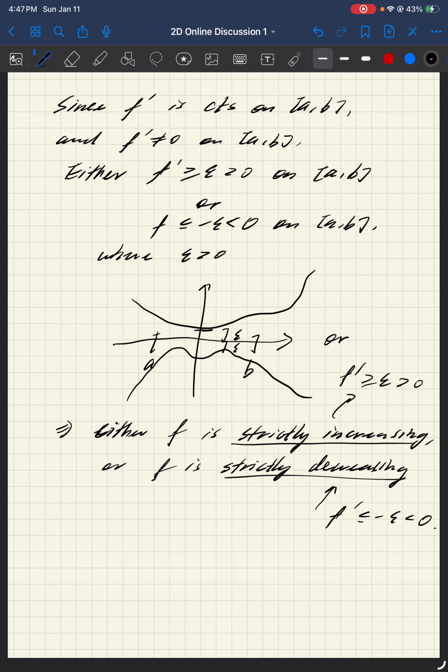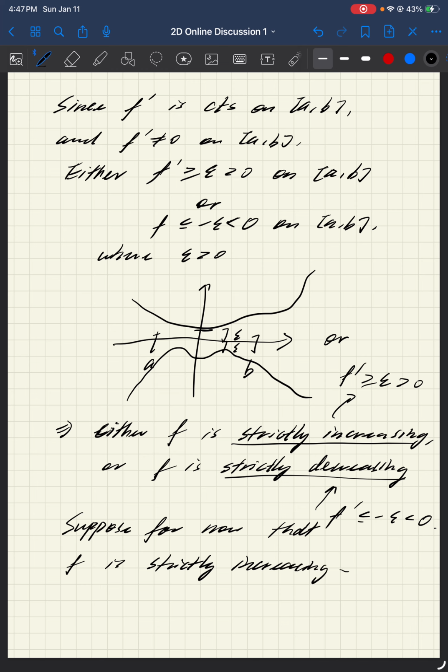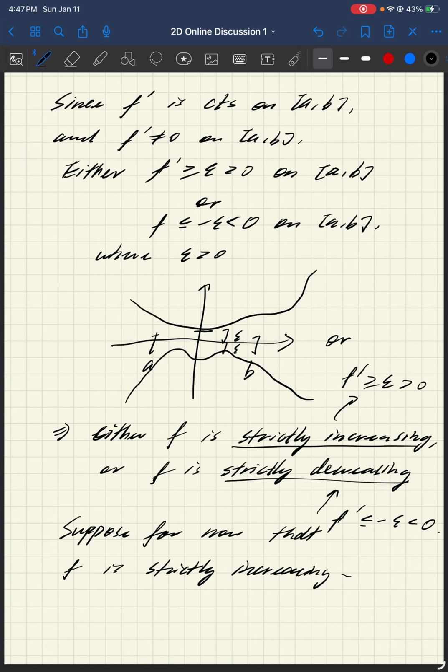So let's assume for now that f is strictly increasing. But what does this mean?